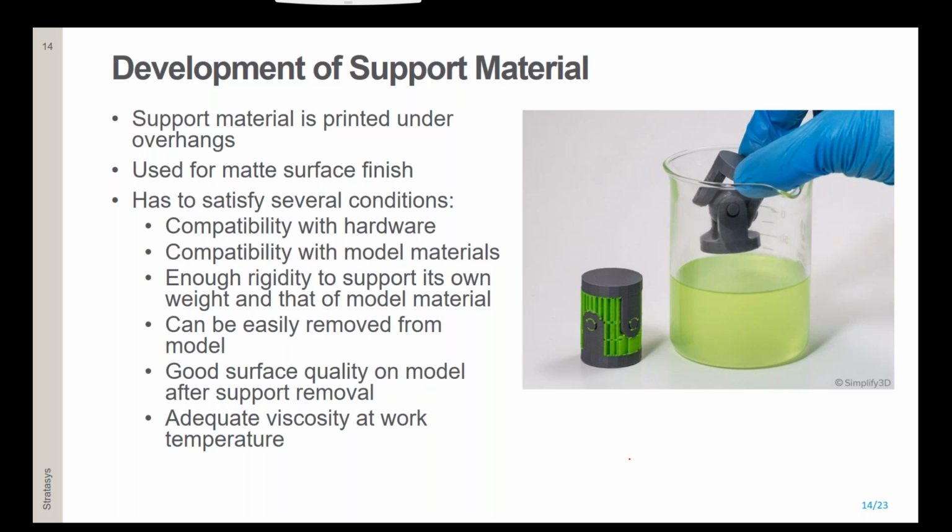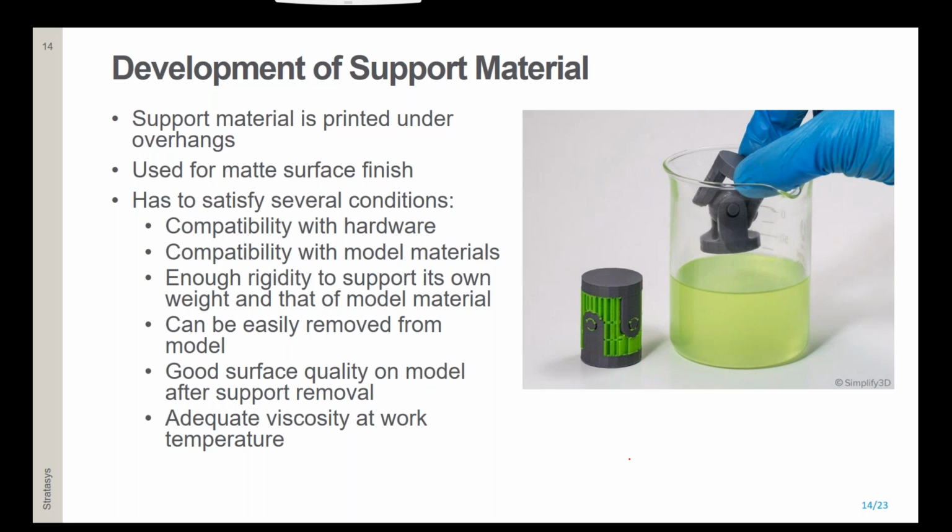And also, we have to bear in mind that the printing area gets quite hot, and I will talk a little bit about that later. It gets quite hot, so it has to be rigid at the working temperatures. So this is also quite a challenge, and that's actually the biggest challenge that we had to overcome.